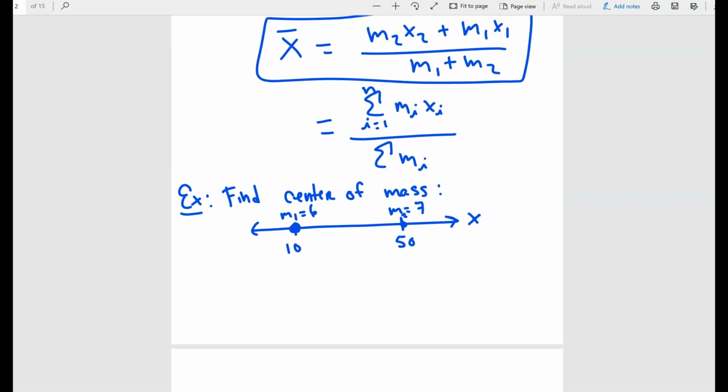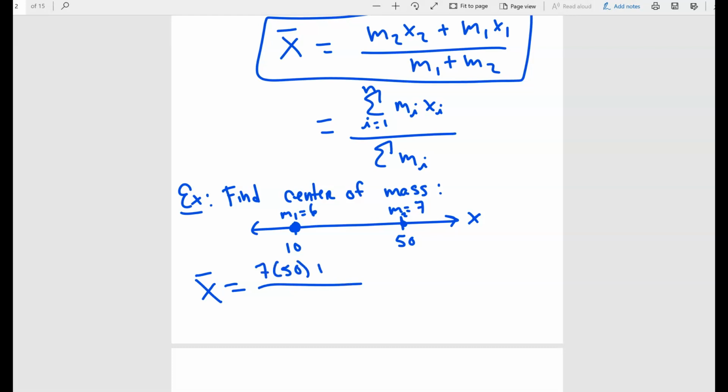In order to do this problem, basically you can think about the weighted average. So you're taking the masses and multiplying them by their locations, and then dividing by the sum of the masses. So what you're going to have is mass 2, which is 7 times 50, plus mass 1, 6 times 10, and then we're going to divide it by the sum of the masses, 7 plus 6.